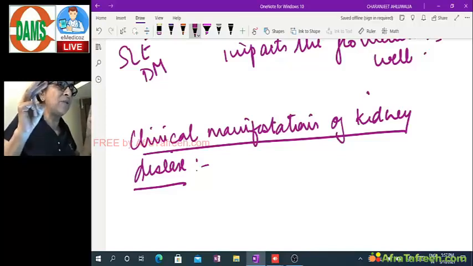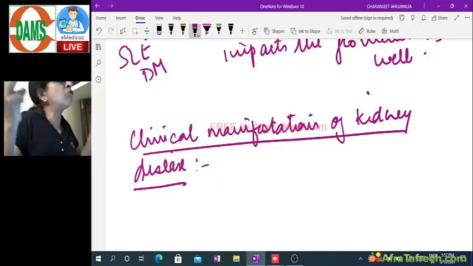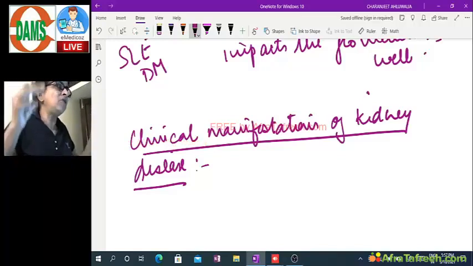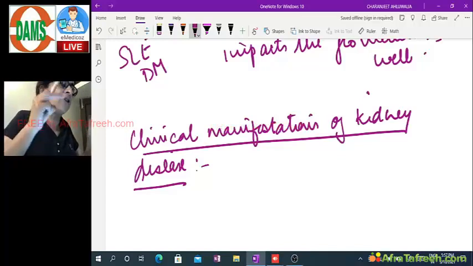Second core will come in normal saline, and you will do an immunofluorescence examination. Third core will come in 2.5%, or we also say 2 to 4%, glutaraldehyde, and you will do an electron microscopic examination on that. And by electron microscopy, you will get the information. What information do you get?